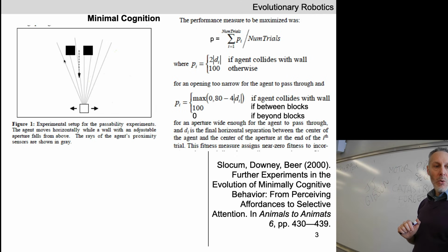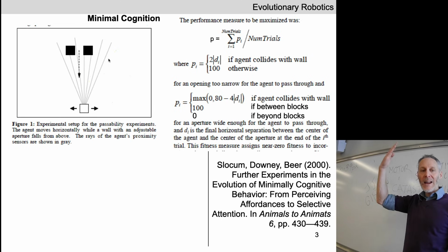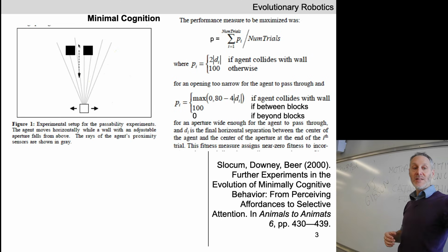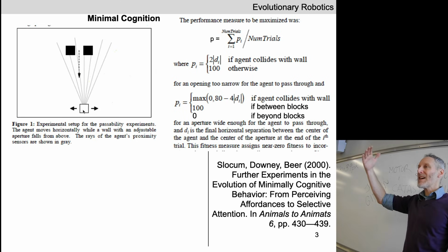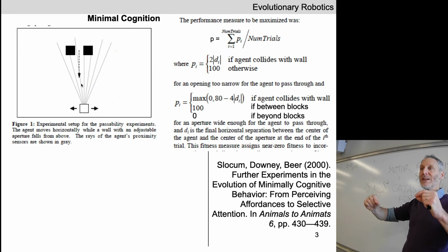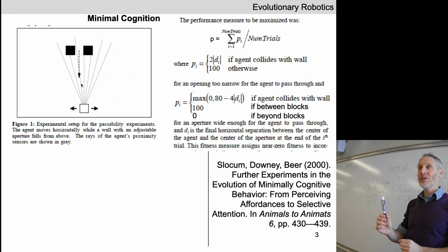This robot has 1, 2, 3, 4, 5, 6, 7 proximity sensors represented by the gray lines. At every moment in time in the simulation that this minimal agent exists within, there are 7 values coming in from the 7 proximity sensors that are being copied into 7 neurons inside a CTRNN.